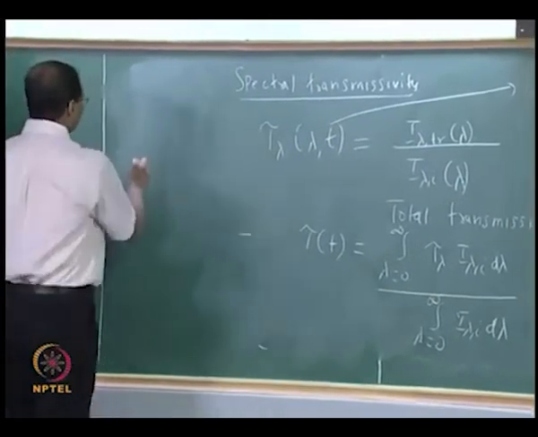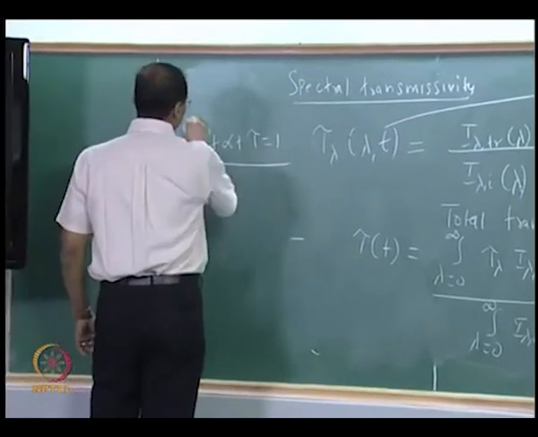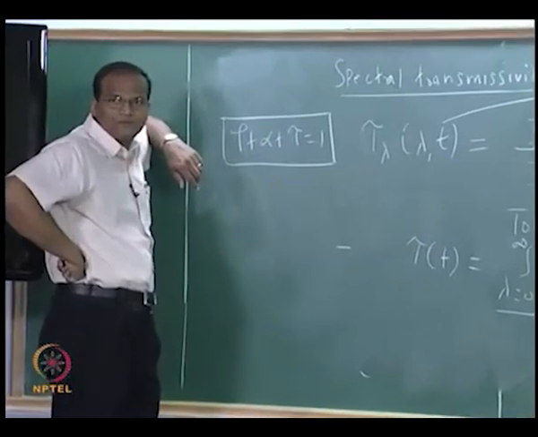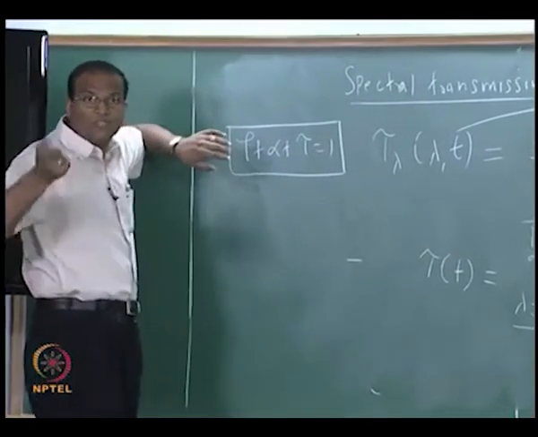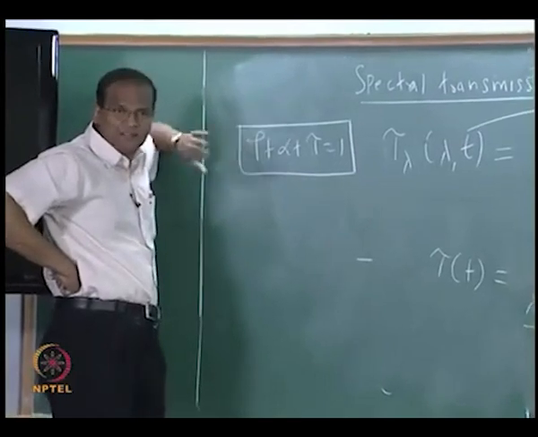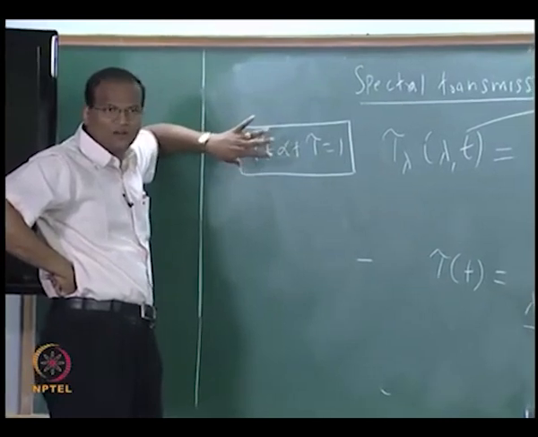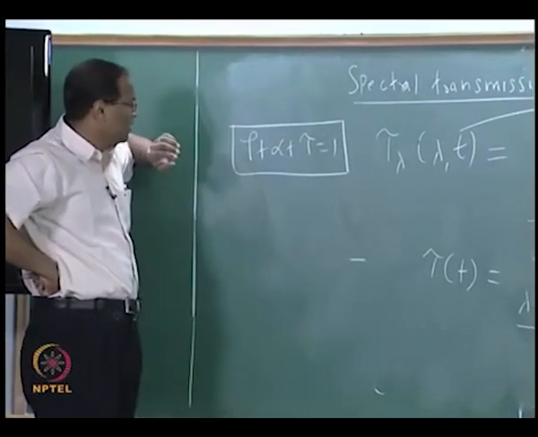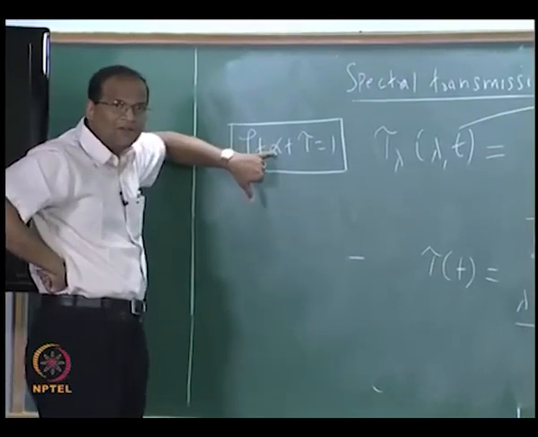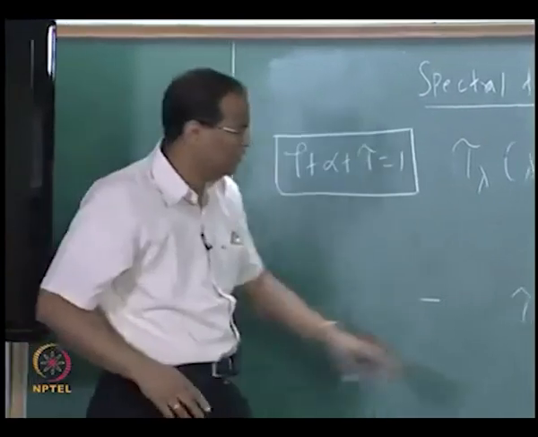Now look at this. Watch carefully, please look at the board. Suppose I say that the incident radiation is coming from the sun. I am talking about a non-gray surface. I give you the spectral distribution of rho and the spectral distribution of alpha, and I tell you the radiation is coming from the sun. Can you calculate this?